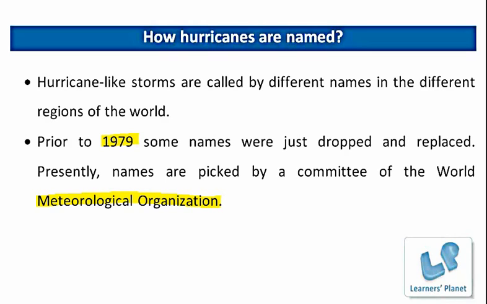Atlantic hurricanes have been named since 1950 with Able, A-B-L-E. Then 1953's Alice was the first real human named storm. Let me write it down for you. 1953's Alice, the first real human named storm.